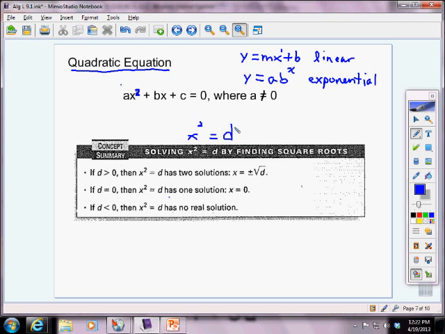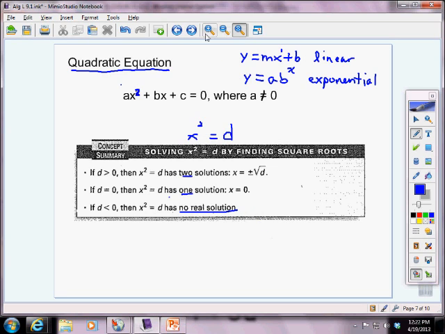Okay, so if our solution here, x squared equals d, if it's greater than 0, then it has two solutions. And I'll show you what this part means here. x is going to be the positive and negative square root of d. If d equals 0, so if we're saying x squared equals 0, then it has one solution, 0. If it's less than 0, then it has no real solution.